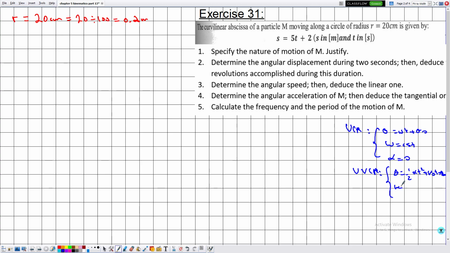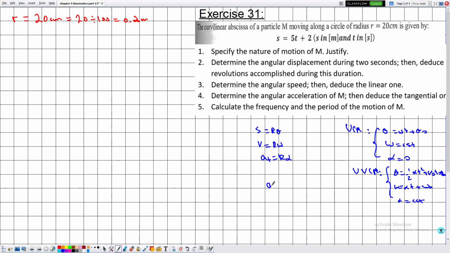Omega is equal to alpha t plus omega 0, and alpha is equal to a constant, in which s is equal to r theta, v is equal to r omega, and a tangential is equal to r alpha.